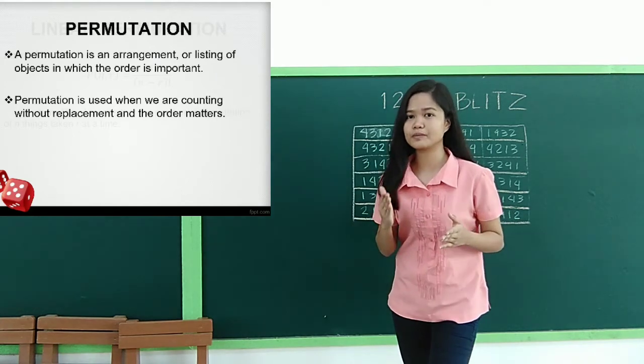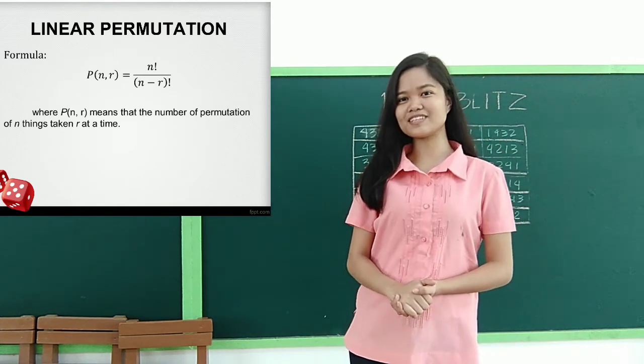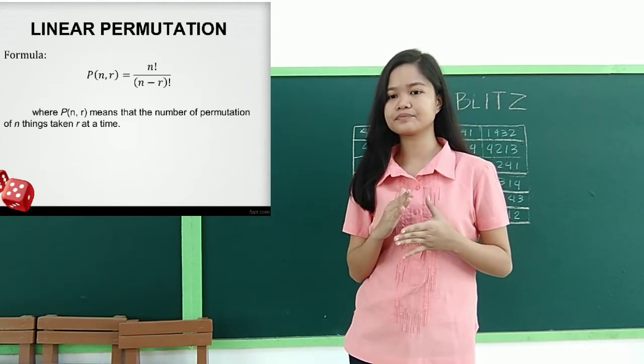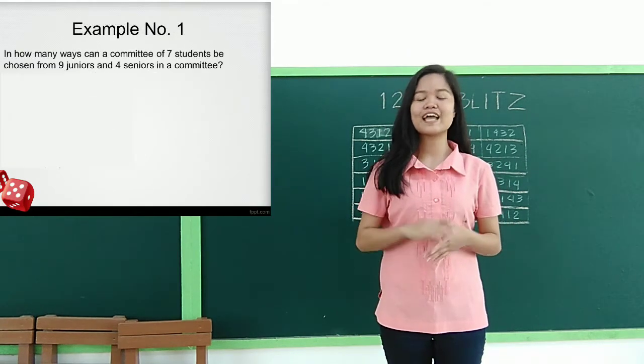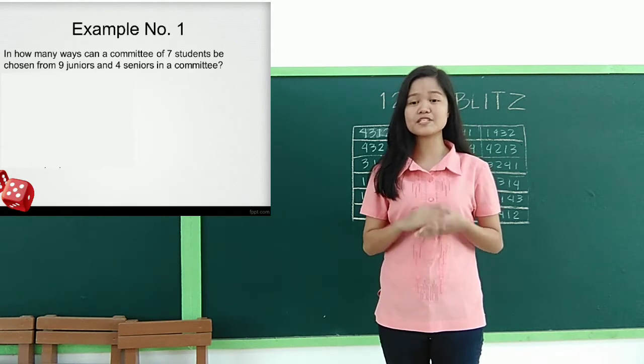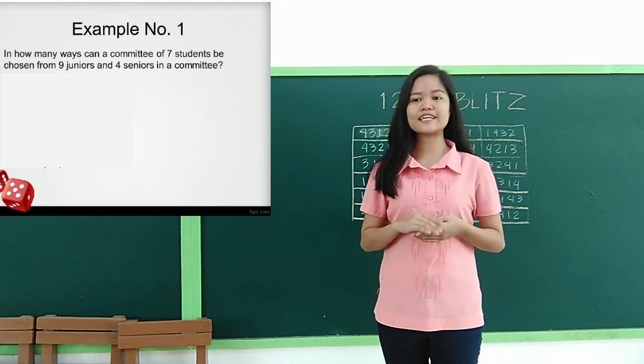There are different permutations. One of those is linear permutation. This formula is used for n distinct objects taken r at a time. Let's have an example. In how many ways can a committee of 7 students be chosen from 9 juniors and 4 seniors?